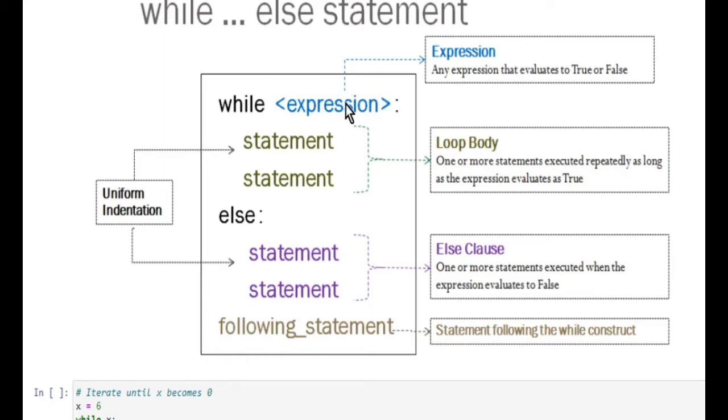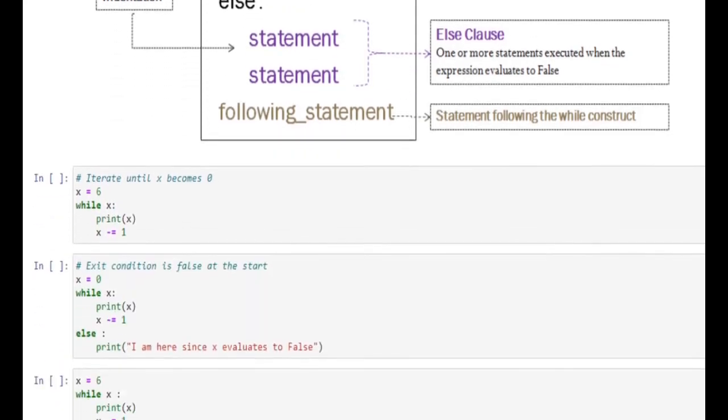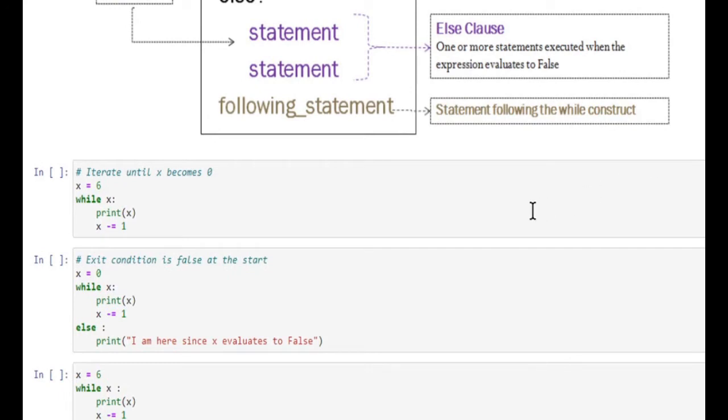So if the expression evaluates to true, the statements in the loop body or true block will be executed, and it will be executed as long as the expression is true. Once the expression becomes false, the else clause will be executed. On completing the while loop, control will come to the statement following the while loop. This else and its statements may be optional. We'll see some examples here.